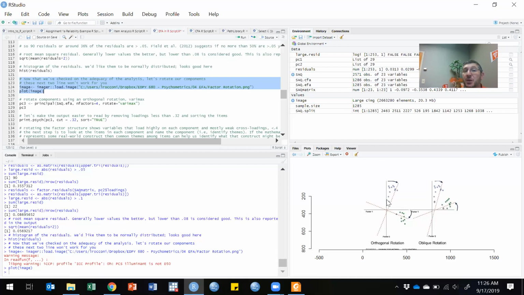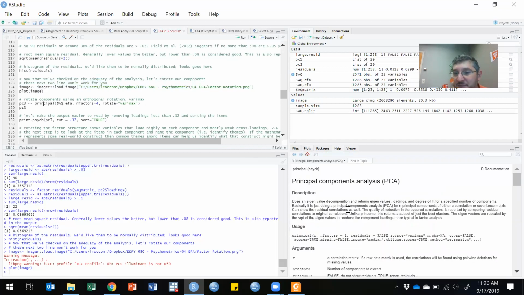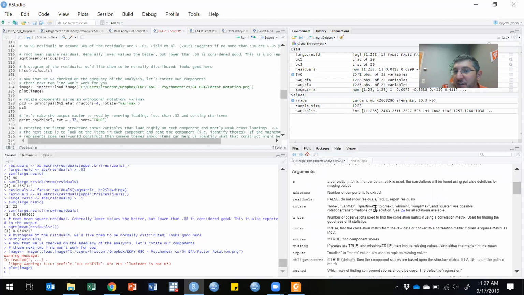I think probably the most common orthogonal rotation would be a Varimax rotation, and so that's what we're going to run here. We can go to the help menu and you can see all the different types of rotations that are available: Varimax, Quartimax, Promax, Oblimin, Simplimax.